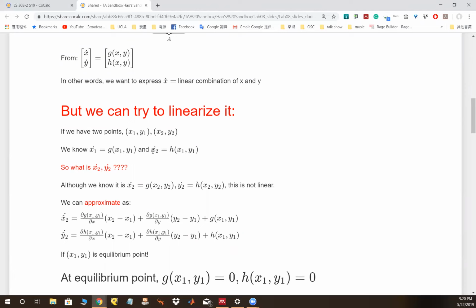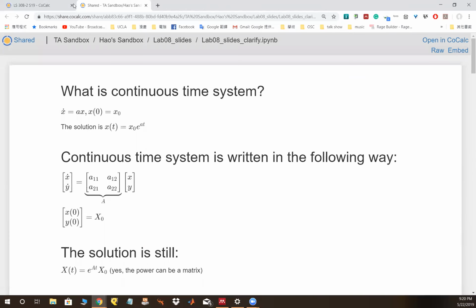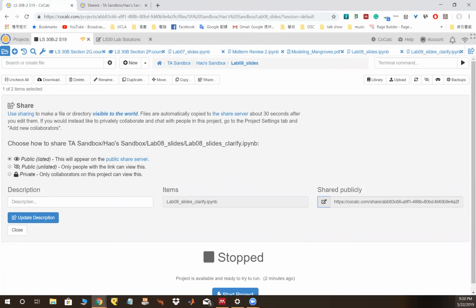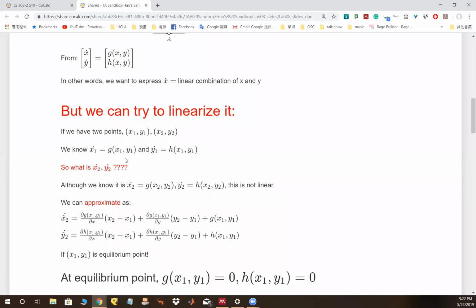This should be y1 dot, not x2. Let me change it. Alright, I'm back. I just changed this, so that was a typo, it should be y1 dot.